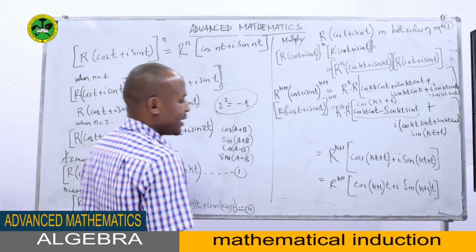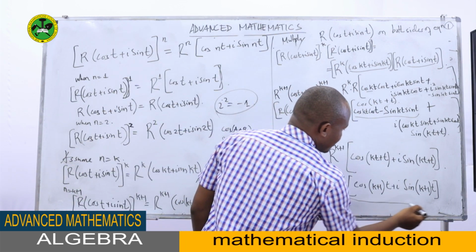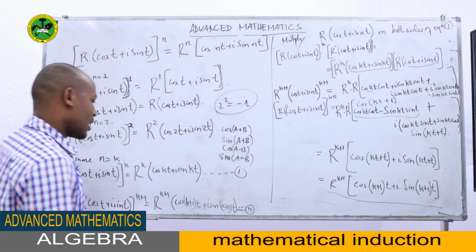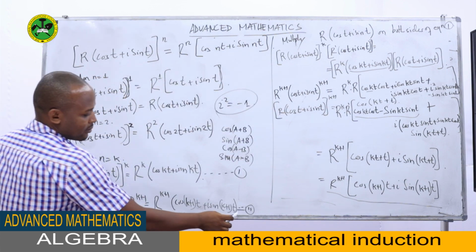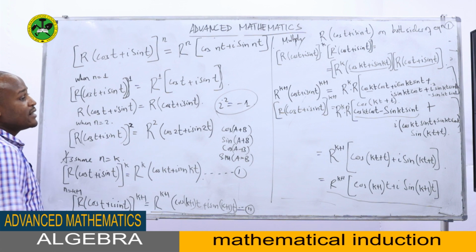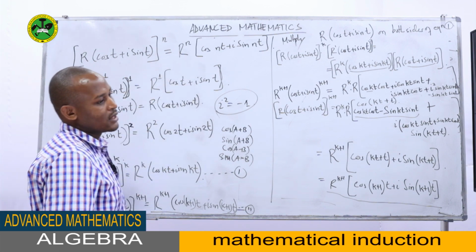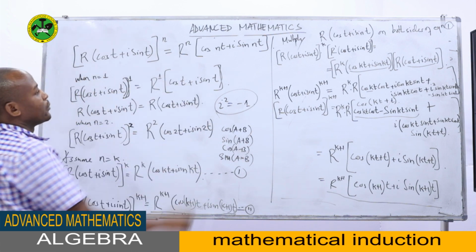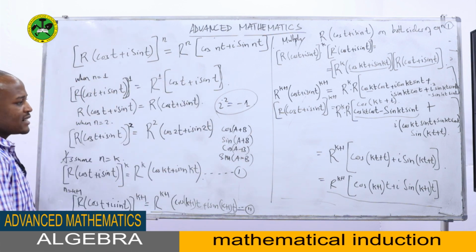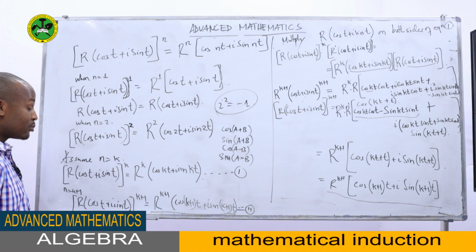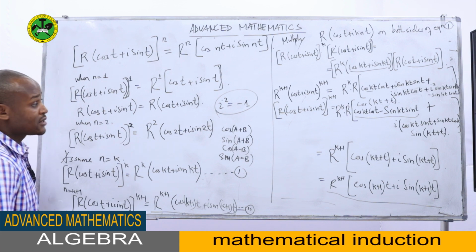And you will see that these results we have obtained are equal to the results from that thing there. Then you can conclude that by the principles of mathematical induction, this holds true. And that's how we prove a question of that form.